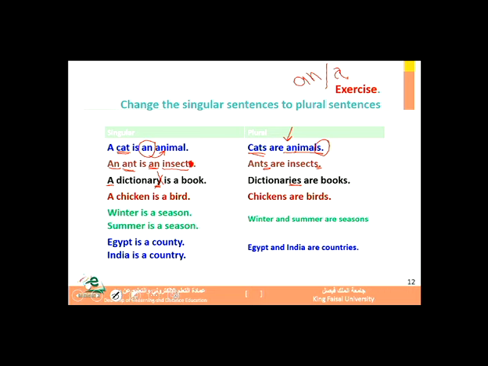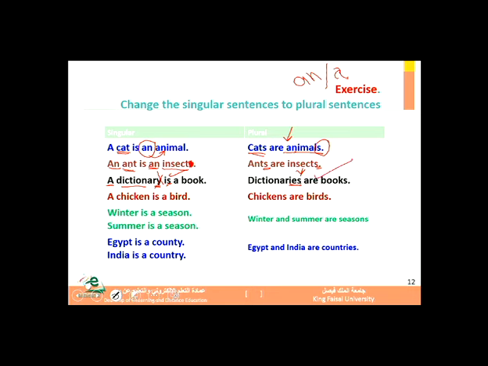Why is it not there in the sentence? We cannot use a or an with plural nouns. So this is in the plural. So you cannot say a dictionaries. It should be dictionaries. Dictionary here is a singular noun, so it requires a singular verb. That's why we said a dictionary is, while here dictionaries are.